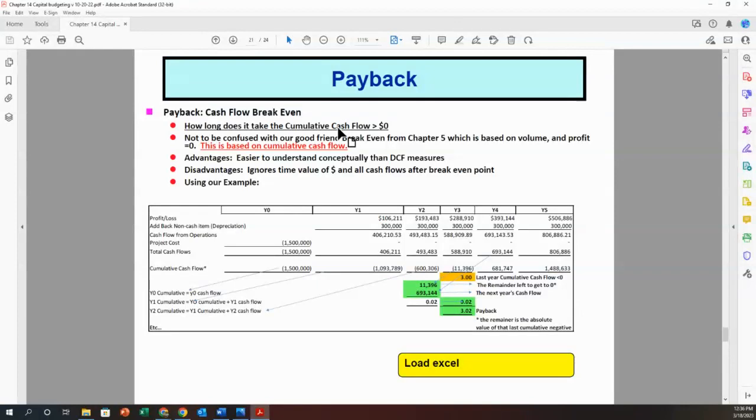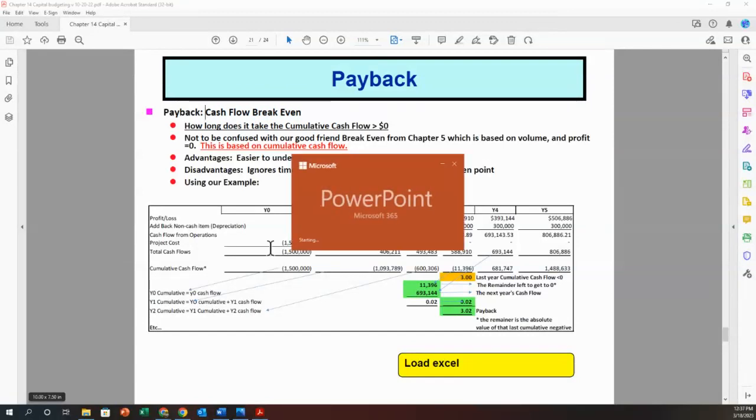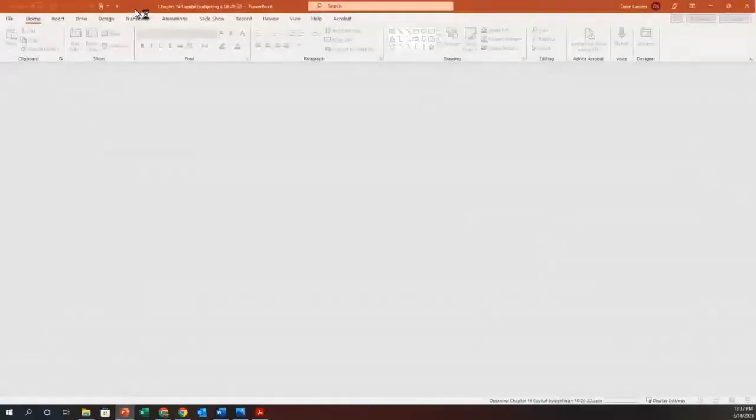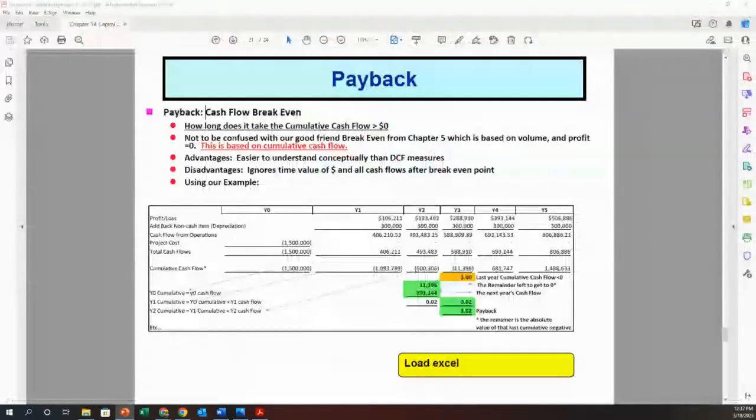It's a measure of time. It's not to be confused. It's a cash flow break even. It's actually a cumulative cash flow break even. I should adjust that slide. It's a cumulative cash flow break even concept.